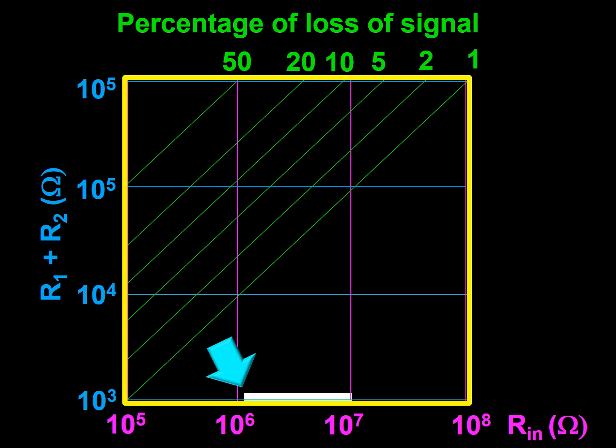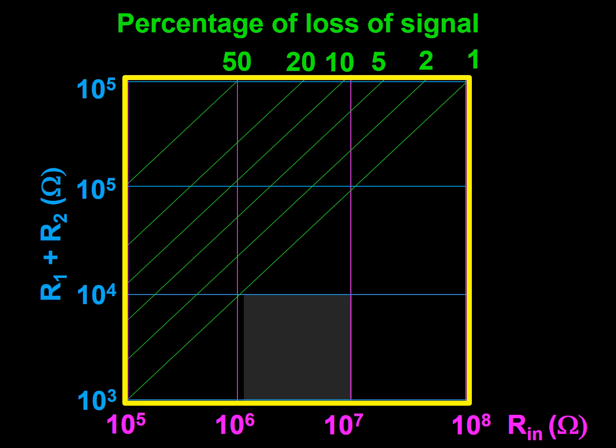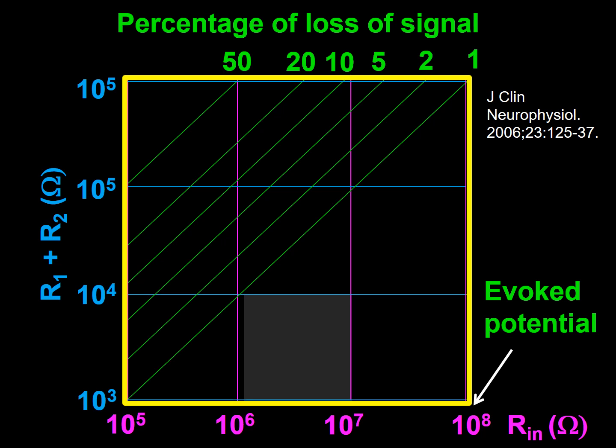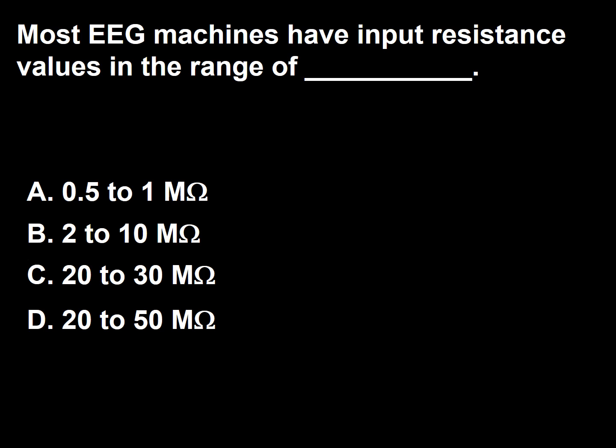Most EEG machines have amplifiers input resistance between 2 million and 10 million ohms, thus producing no significant loss of brain signal. A 2006 American Clinical Neurophysiology Society guideline paper recommends for evoked potential to use amplifiers with input resistance of no less than 100 million ohms. So the answer to this question is B.